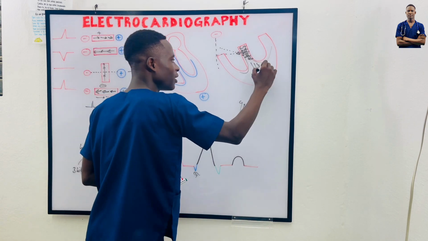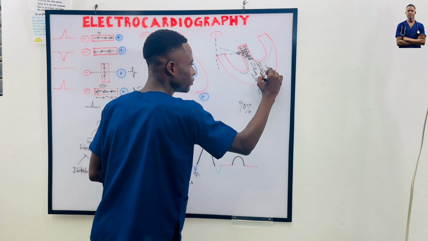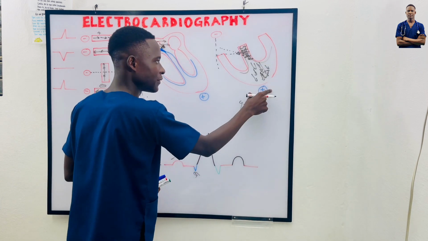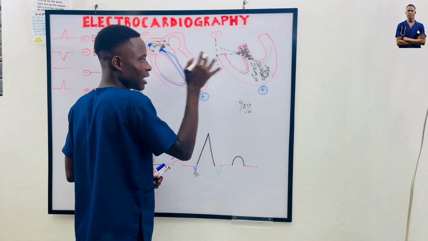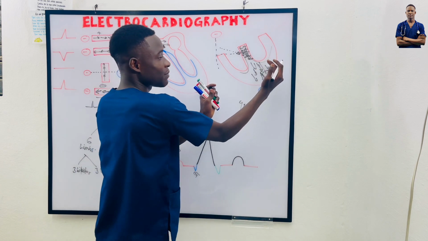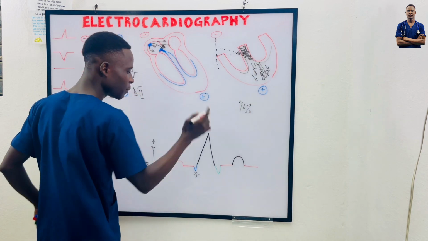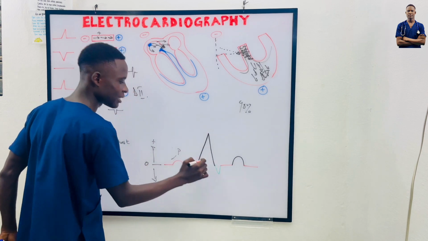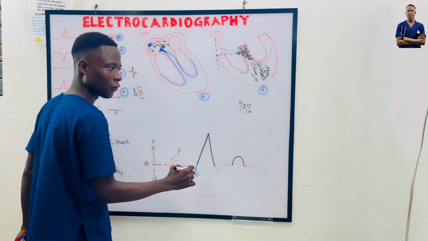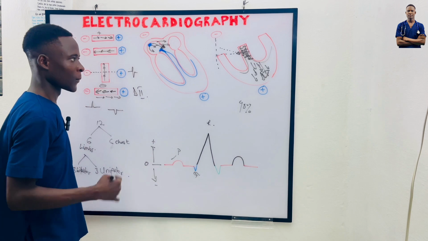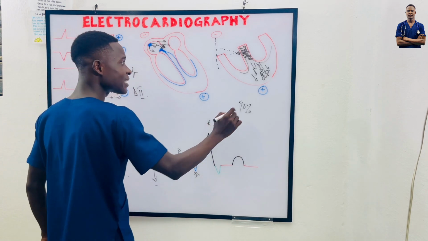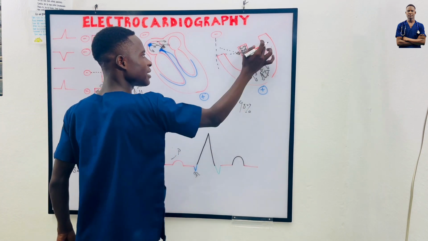And this depolarization, do you understand? It's towards the positive. So this gives a large positive vector, because this muscle is very huge. That is the left side depolarized. So this gives us this big wave over here, which is the R.